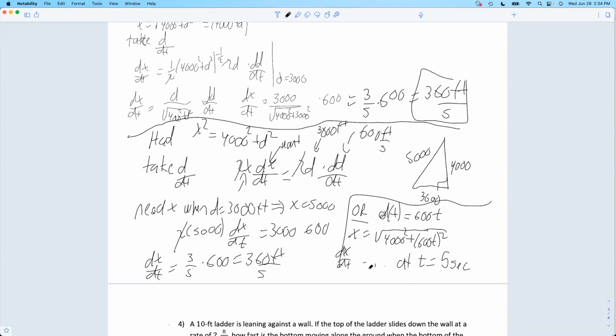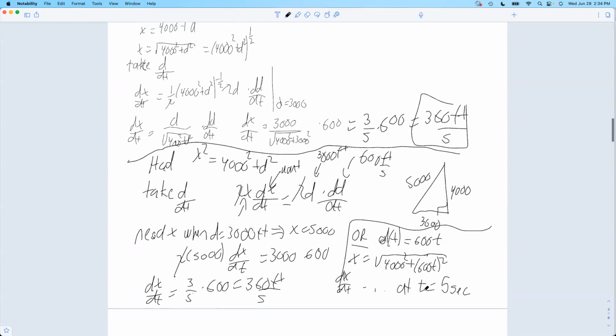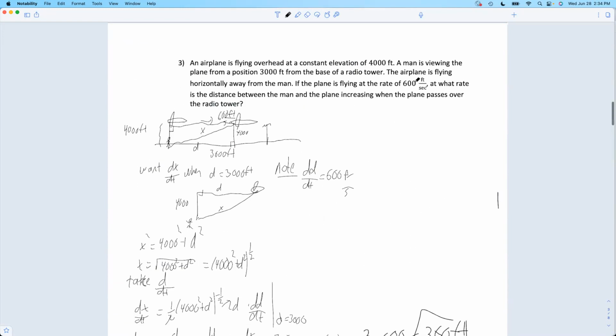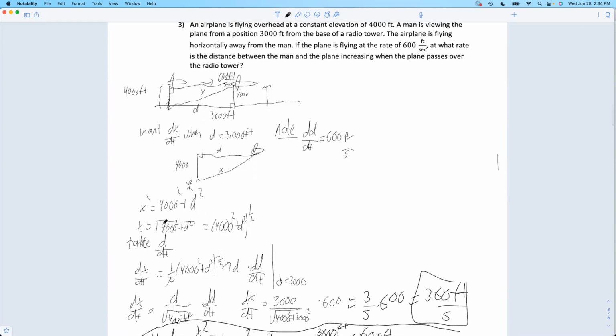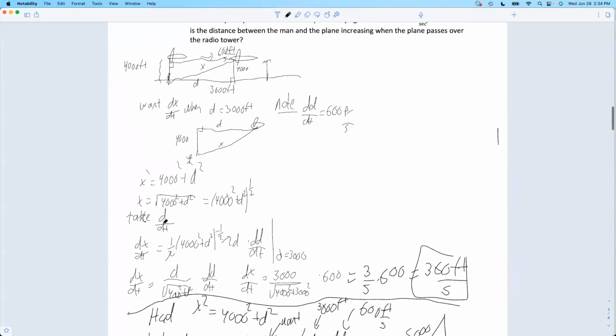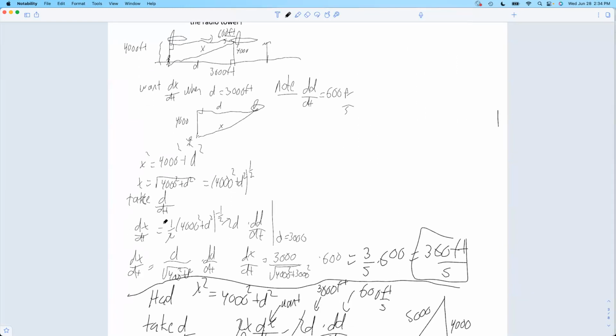I think this is more work, but it is sometimes possible in related rates problems for the thing you're looking for to actually find a formula for it that has t in it, solve for t, plug it in, you're done. Usually it's much easier just to use implicit differentiation and relate 2 different rates together.